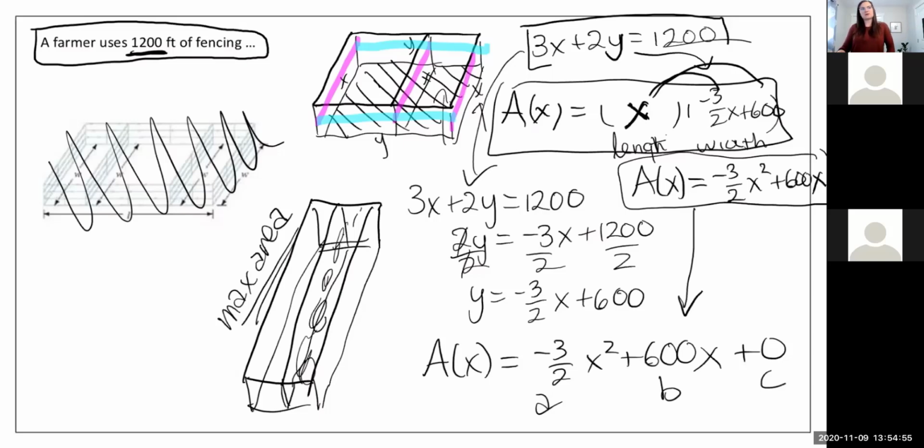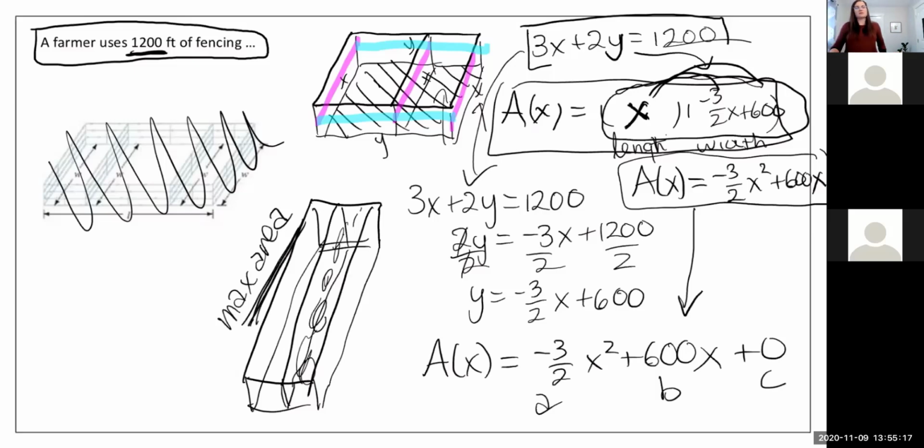You could also ask the question, when is the area going to be 0? Obviously, if you had it in factored form, you'd see that if x was 0 or if y was 0, that's when the area would be 0. So that's not an interesting question, but the max area is an interesting question.